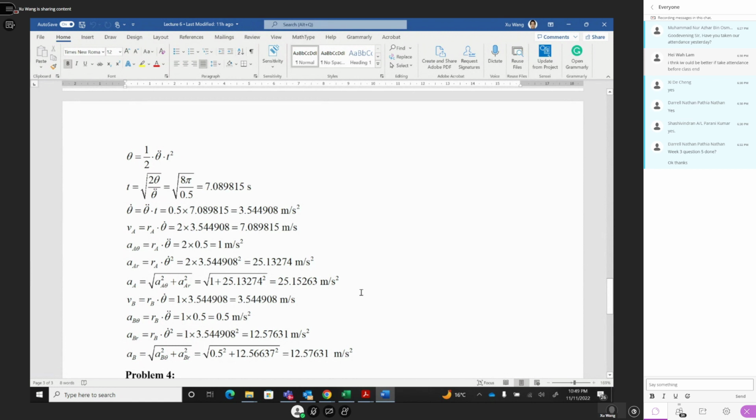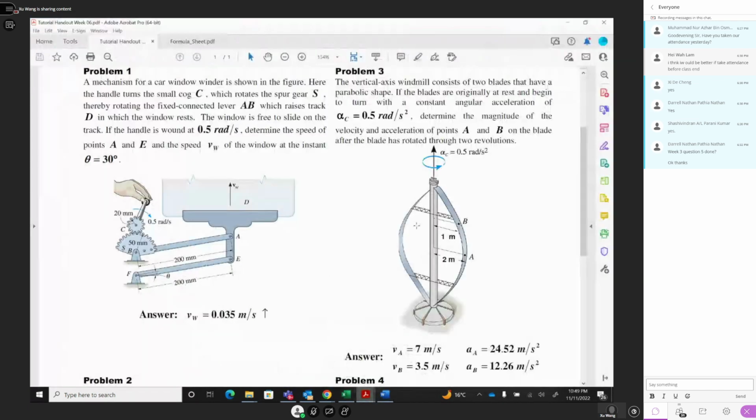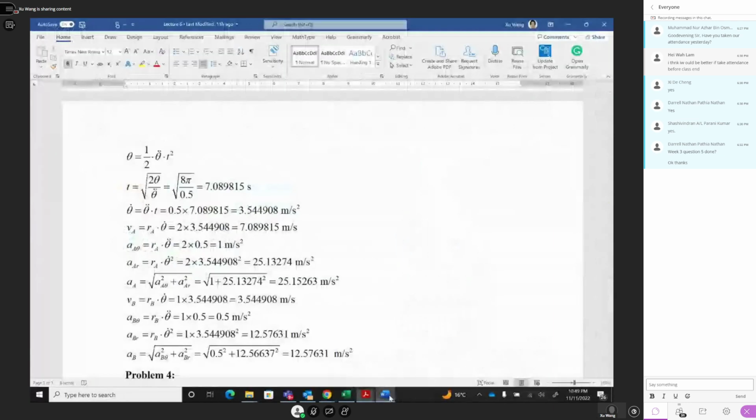Okay, this is for point A. For point B, the same scenario. The radius times omega becomes the tangential component of velocity. Point B has radius 1. So 1 times omega, we get 3.5, the tangential speed. And then you know the angular acceleration times the radius 1, and you get the tangential acceleration, 0.5.